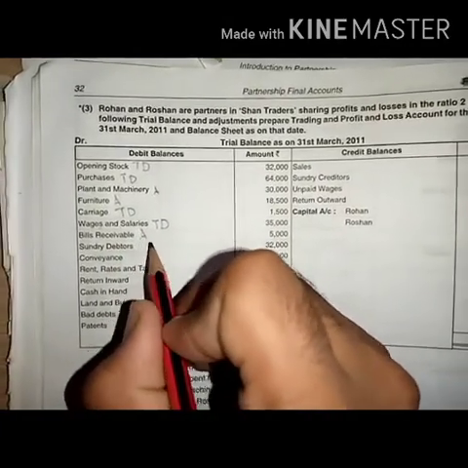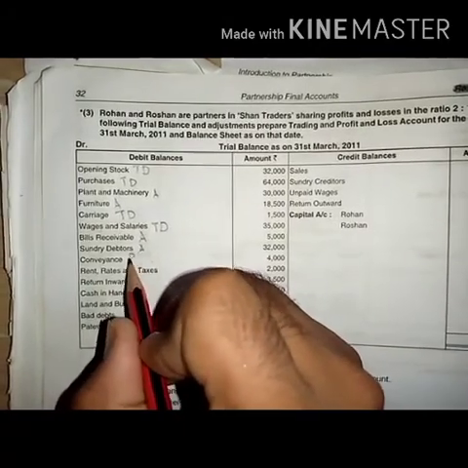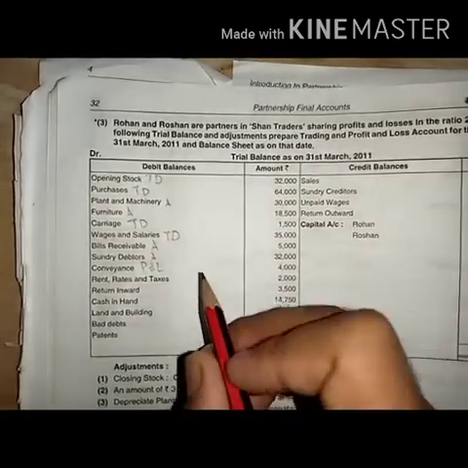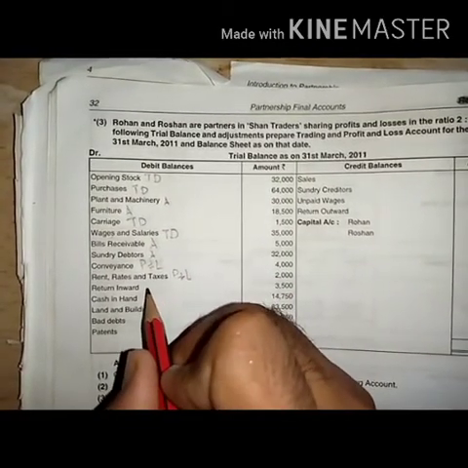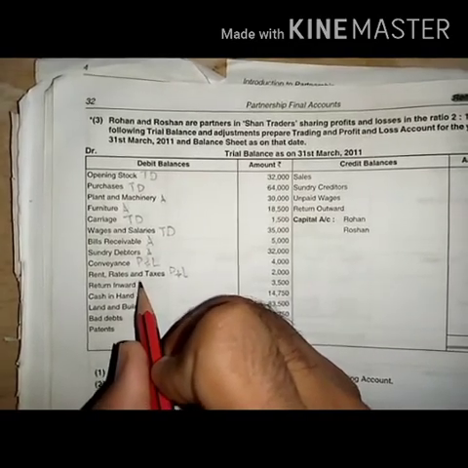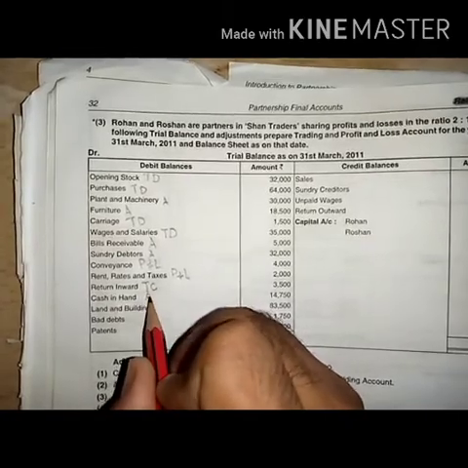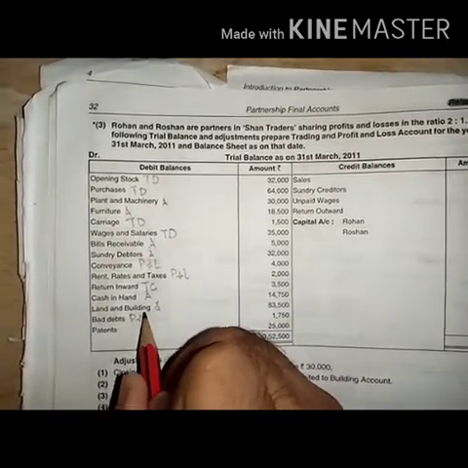Bills receivable, assets. Sundry debtors, assets. Conveyance, profit and loss. Rent, rates, profit and loss. Return inward, the exceptional item, that is sales return, trading credit. Cash in hand, assets. Land and building, assets. Bad debts, profit and loss.